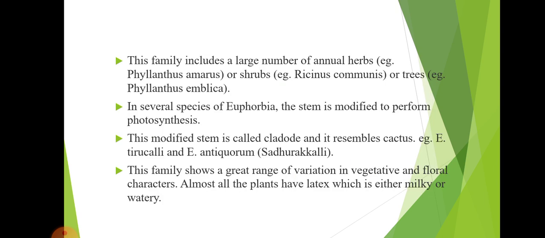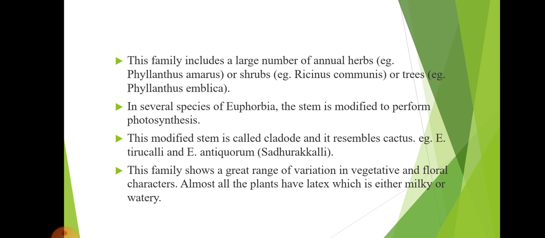And if you see the habit of this Euphorbiaceae, this family includes a large number of annual herbs, example Phyllanthus amarus, or shrubs are also there, example Ricinus communis, or trees are also present in this family, example Phyllanthus emblica.